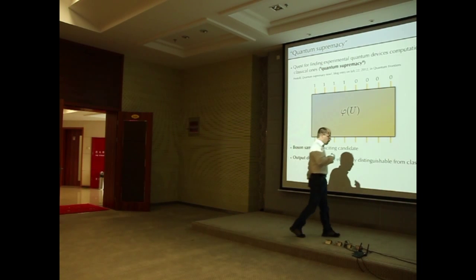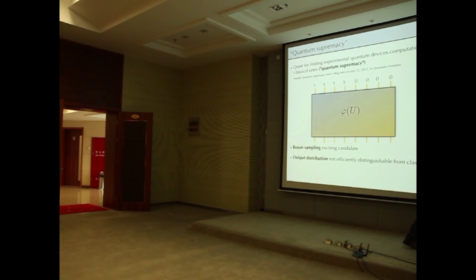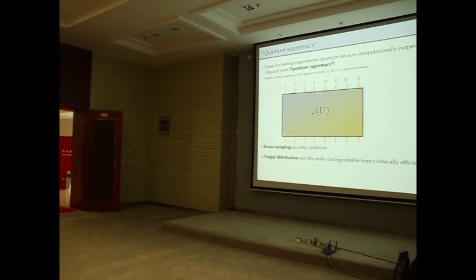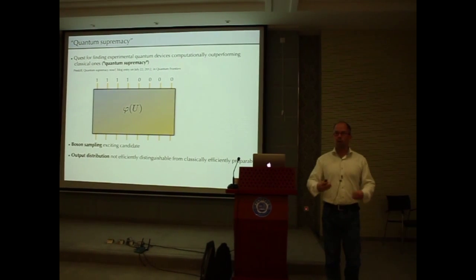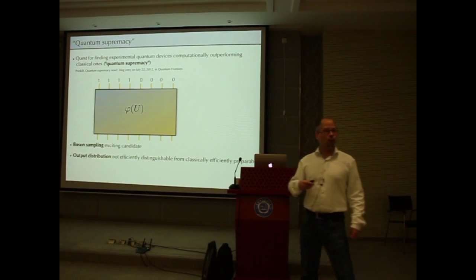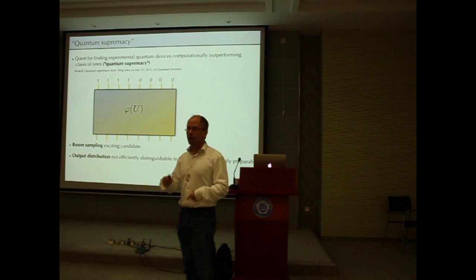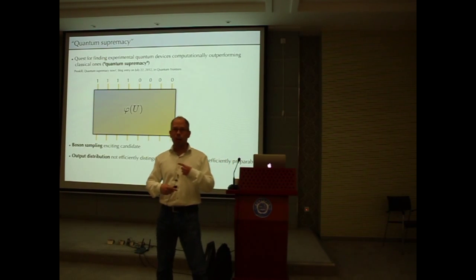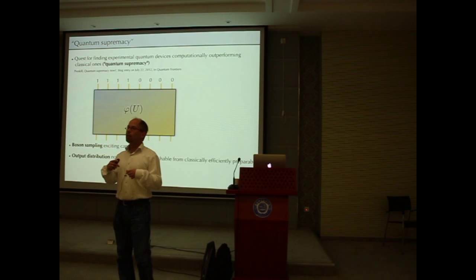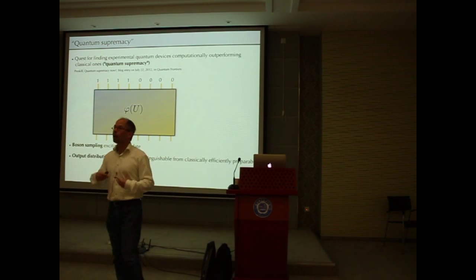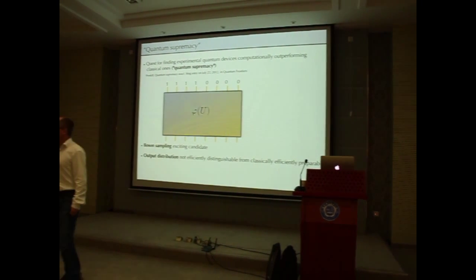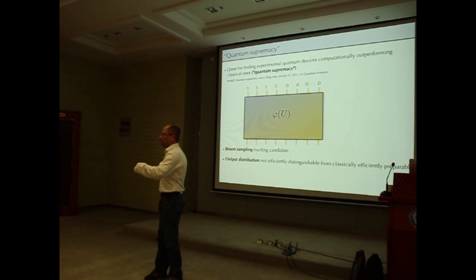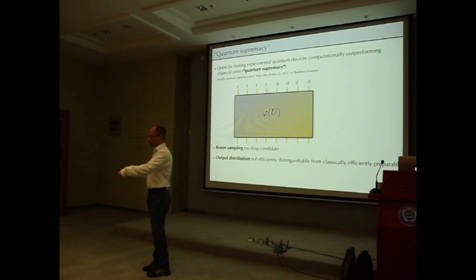Under the assumptions made, it outperforms classical computers, but at the same time you have the ironic situation that you go into the lab, and it's a bit like the Fiat Punto: for practical purposes the output distribution generated looks as if it came from a classical device, in the sense that it could not be efficiently discriminated from one that perfectly spits out the numbers from a classical machine.